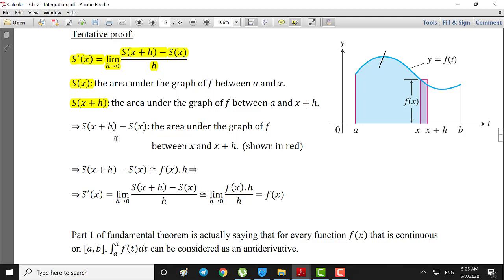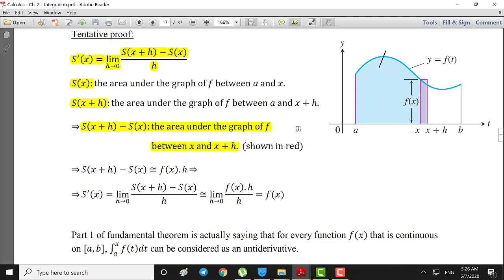So in a way we can say that s of x plus h minus s of x is equal to the area under the graph of f between x and x plus h, which you see in the graph in red, right?